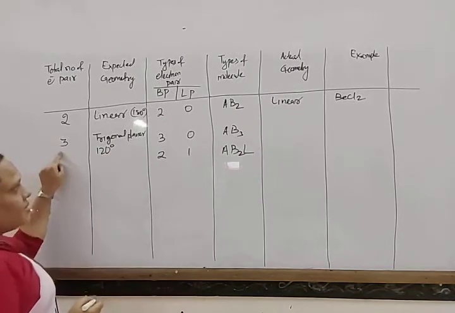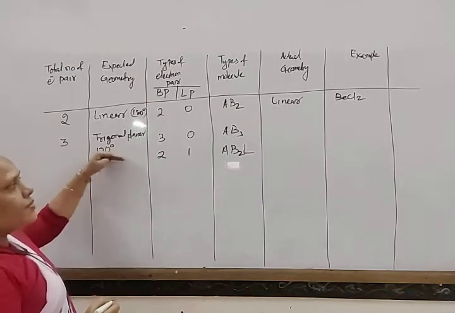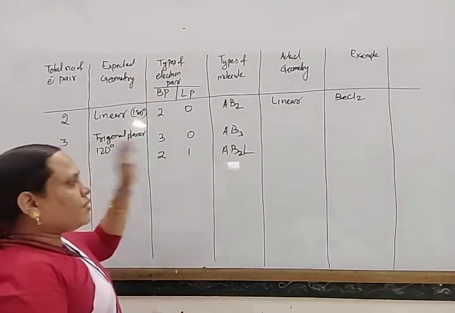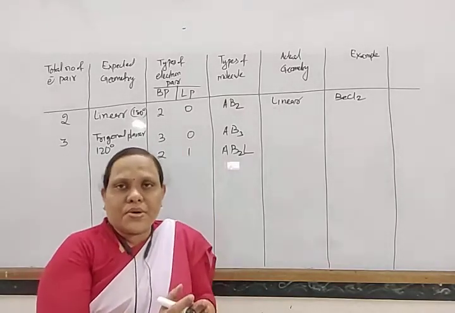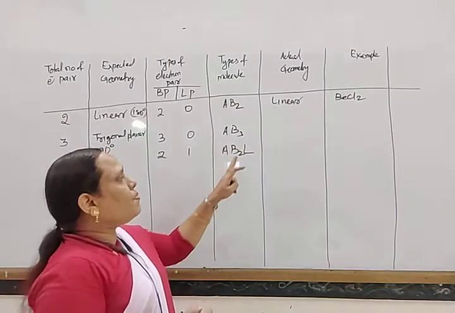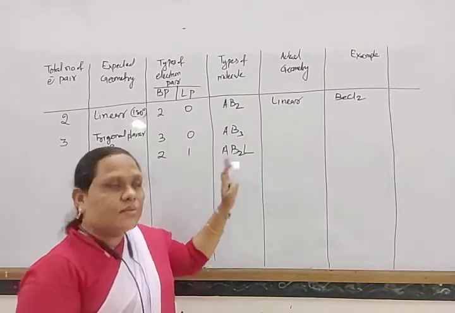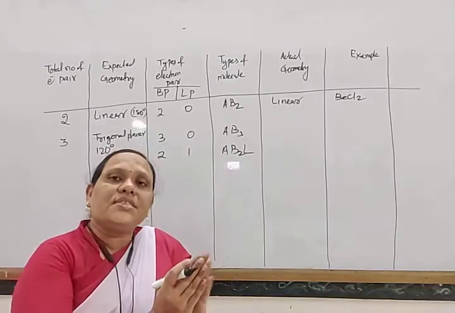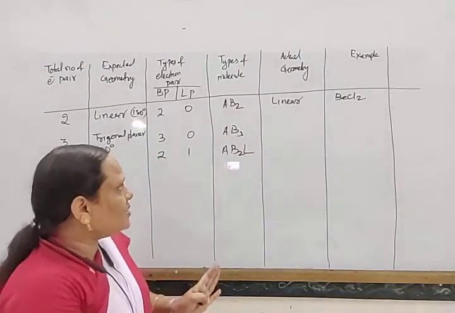So a total of 3 means the structure should be trigonal planar. But as lone pair bond pair repulsion is different from bond pair bond pair repulsion, and lone pair bond pair repulsion is greater, the shape of the molecule is slightly changed.